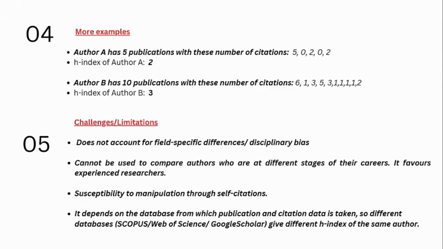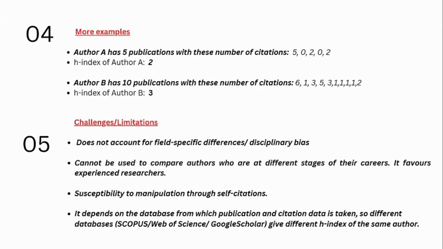So if somebody is more experienced, that person will obviously have an H index which is higher in comparison to the early stage authors. So that creates another sense of bias with respect to comparison of quality of work. You cannot compare authors who are at different stages of their careers using this metric.